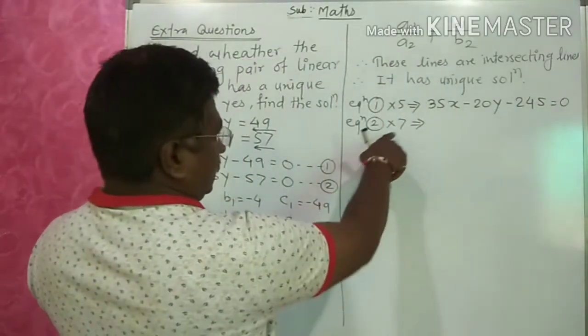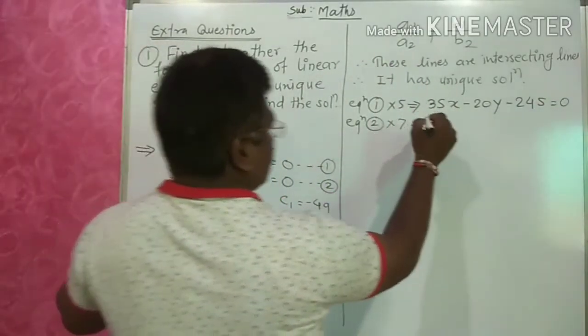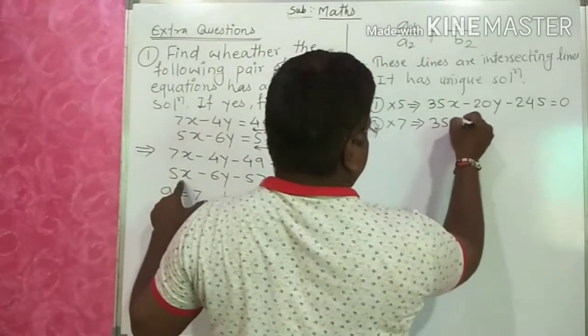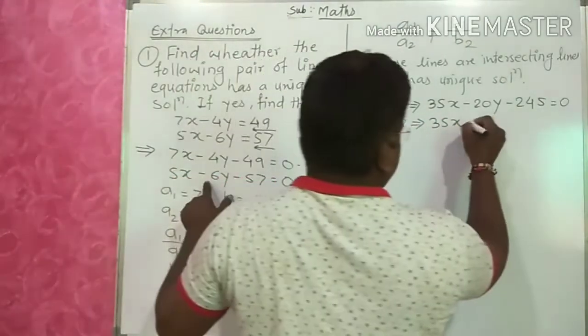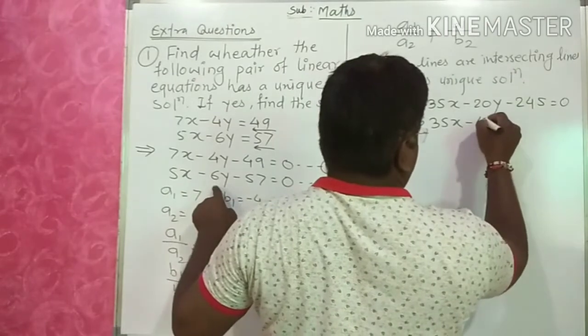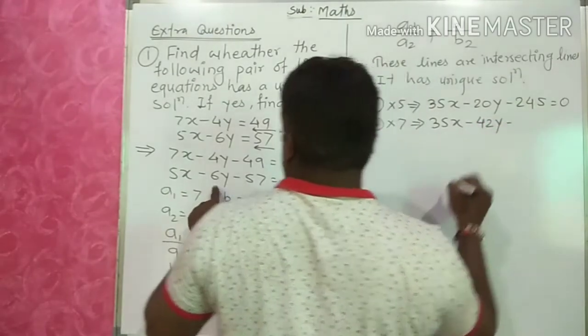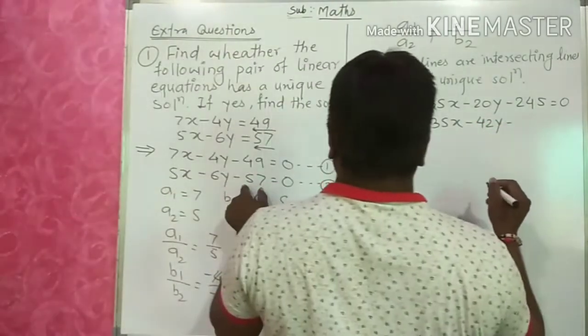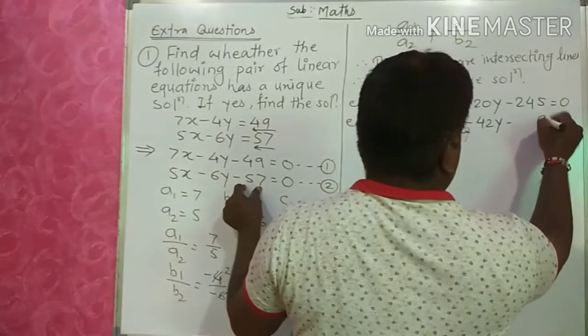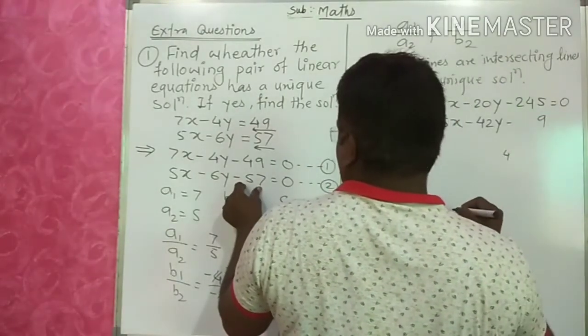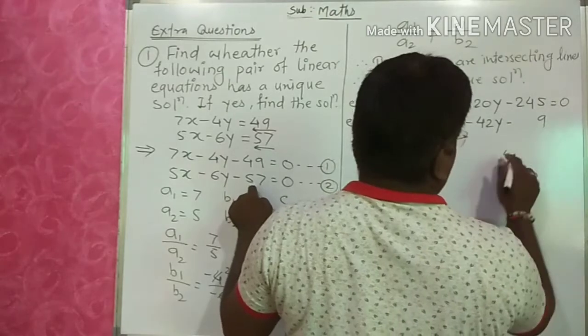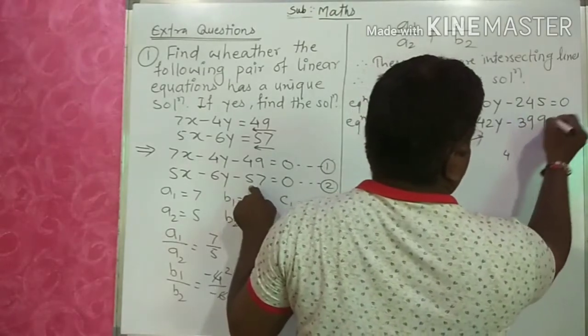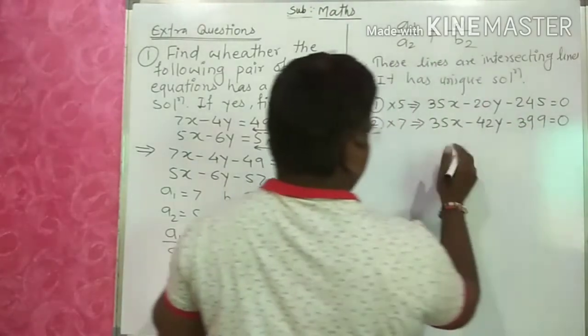Then here which number has to be multiplied? 7. 7 5s are 35, minus 42y, minus 399 equals to 0.